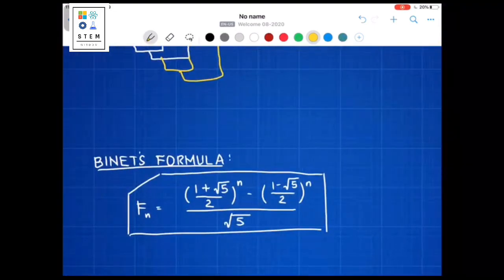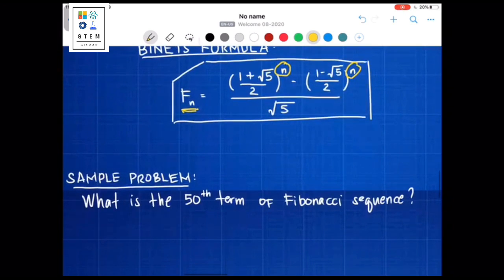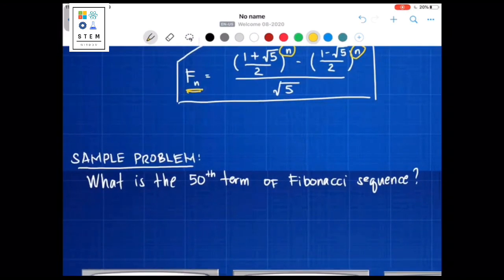Kung ano yung gusto mong malaman na term, substitute mo lang yung n, malalaman mo na kung anong corresponding value sa Fibonacci sequence. Okay? So, i-apply natin. For example, sa problem na to, what is the 50th term of Fibonacci sequence? Okay, given, we have this n equal to 50. Then, pinapahanap ano daw yung corresponding 50th term, of course. Okay, so substitute natin using Binet's formula.